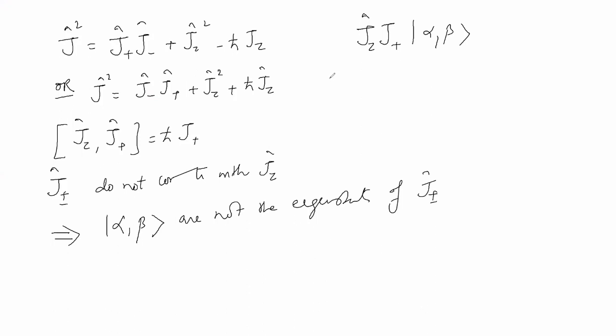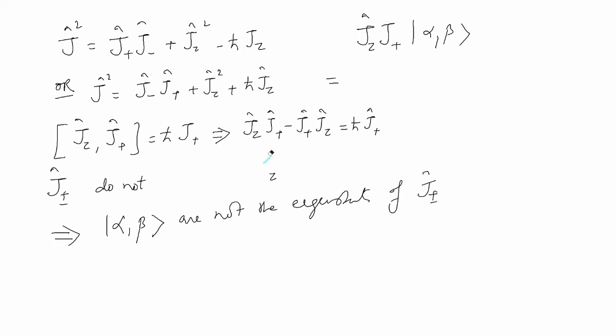Okay, that means if I have Jz J plus acting on alpha beta, I can write this using the properties which we have jotted down a few minutes ago. Here, this is Jz J plus minus J plus Jz, which is ħ J plus.